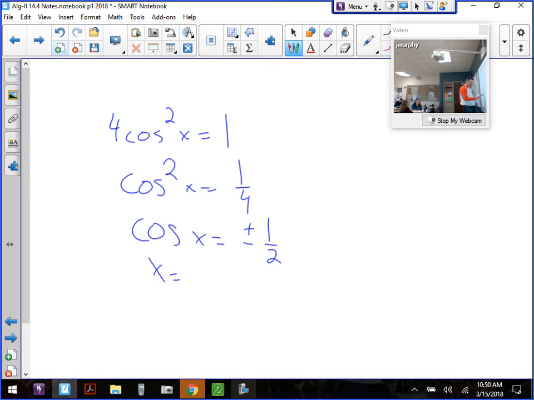So what angle has a cosine value of plus or minus 1/2? That means you're going to have 4 solutions because you're looking for cosine to be positive and negative. It happens in every one of the quadrants. Cosine of 1/2 means you're opposite to 30, opposite of root 3, so it's a 60-degree angle. So this is all of your pi over 3s.